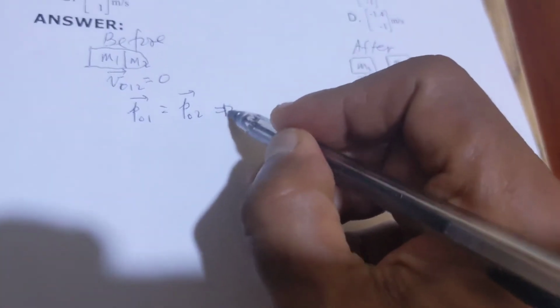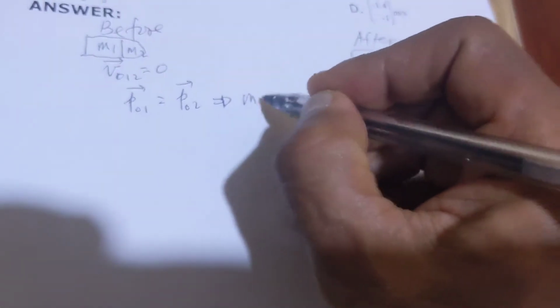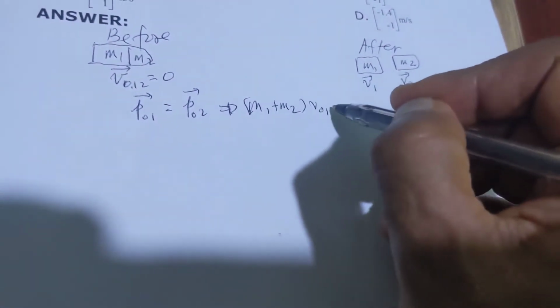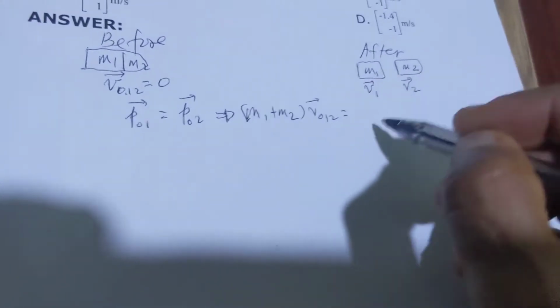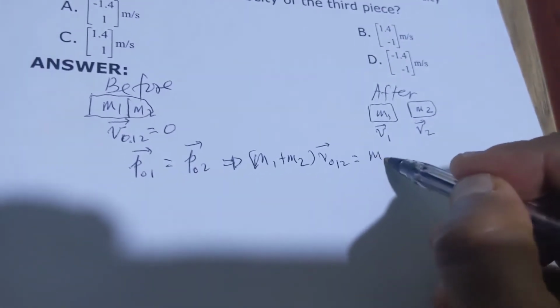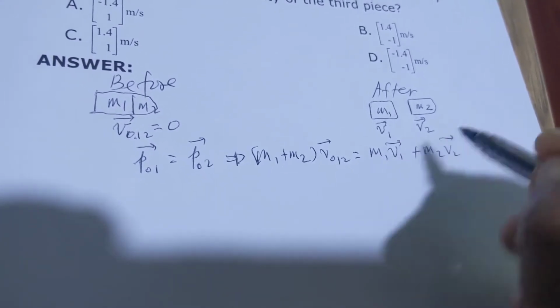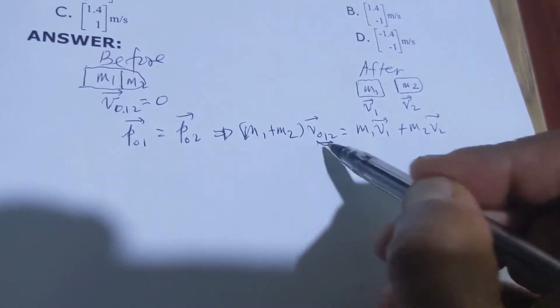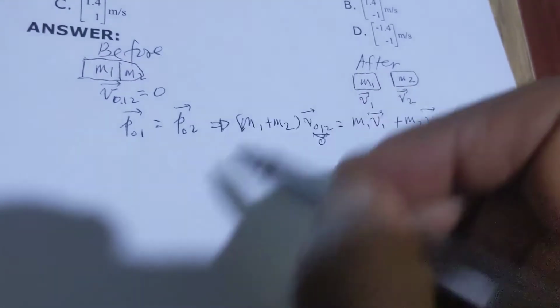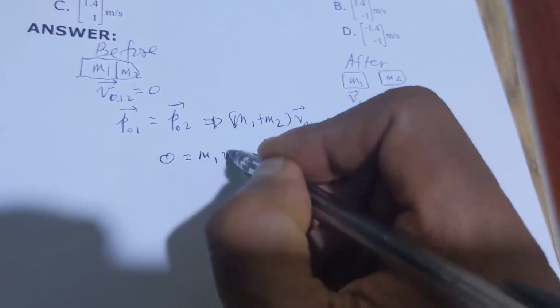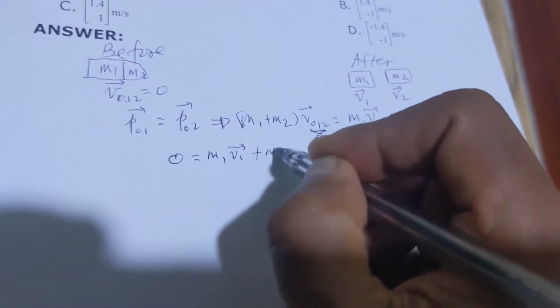Then M1 plus M2 times the initial velocity V0 is the same as M1 V1 plus M2 V2. Initially this is 0, so the whole thing is 0, so 0 equals M1 V1 plus M2 V2.